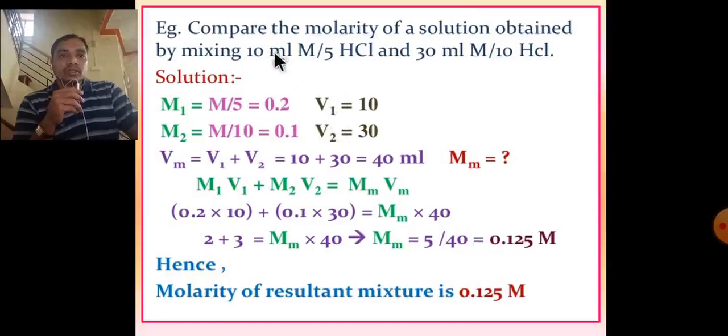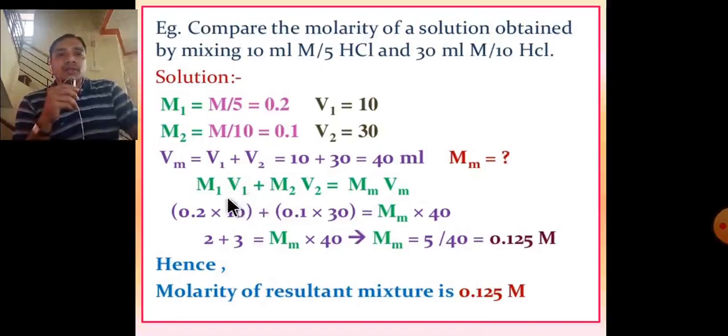Its volume is 10 ml, so v1 is equal to 10. m2 is M/10, equal to 0.1. v2 is equal to 30, the volume of the solution mixed. vm is equal to v1 plus v2, which gives 10 plus 30, that is 40 ml. Now the calculation of mm, the molarity of the mixture solution.